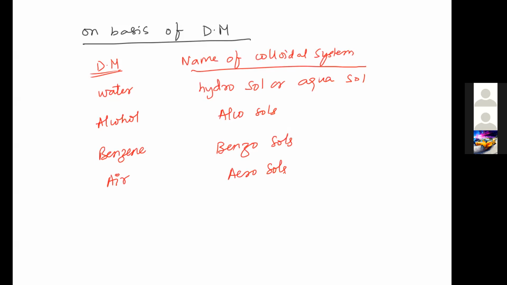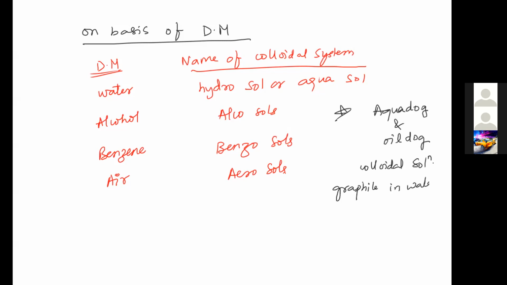There's an important thing that I want to say. Aquadag and oildag are nothing but colloidal solutions. Graphite in water, we call it aquadag, and graphite in oil, you call it oildag.